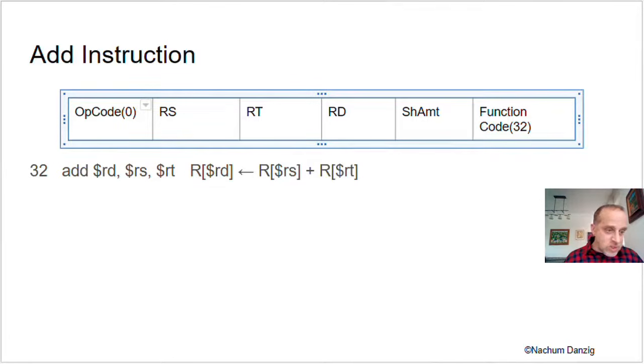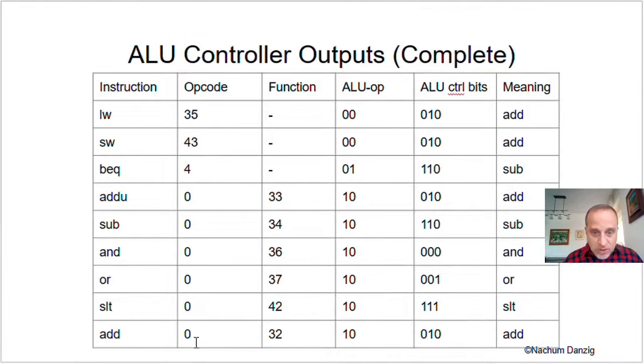So that's what we see in this other table down here, that the opcode is 0 and the function is 32. When the 32 comes in as the function, it tells the ALU controller to spit out 010.